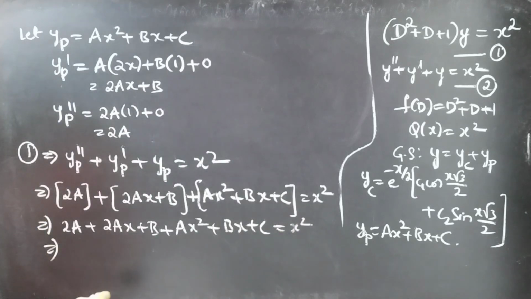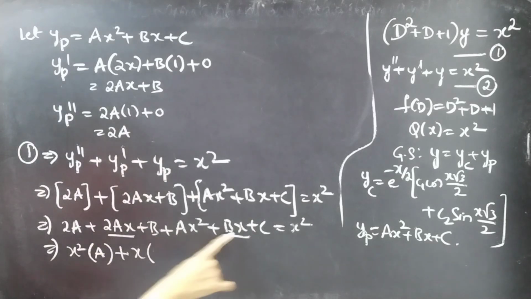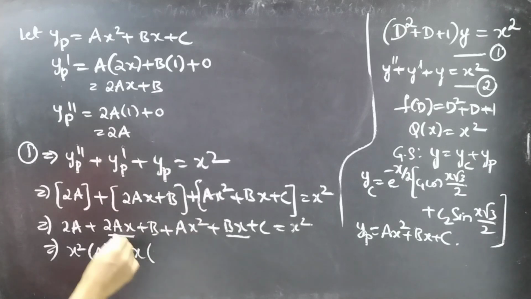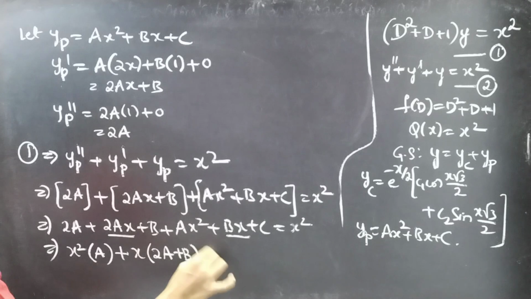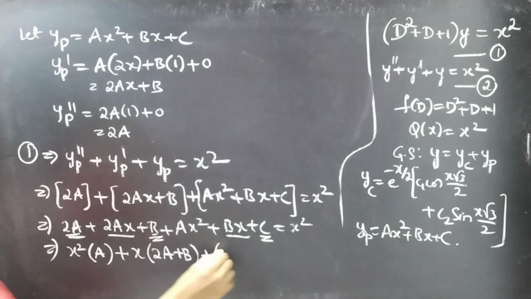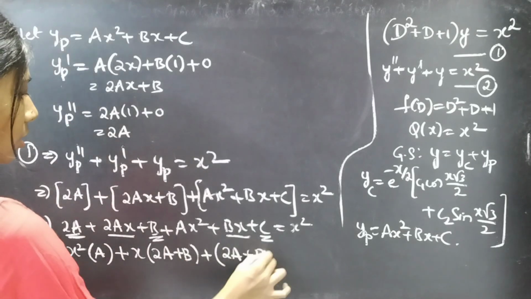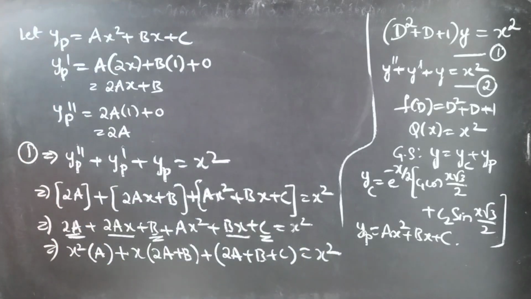Now simplify it. Take x square common, you'll get x square into a, plus, taking x common from these two terms, you'll get 2a plus b, and now take the constants together, 2a plus b plus c, equal to x square.